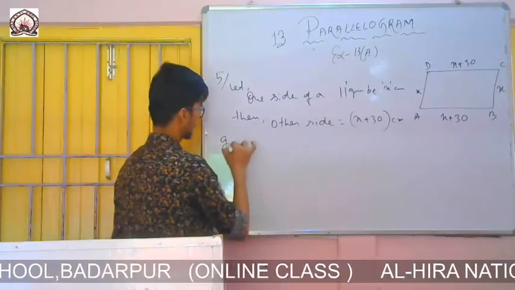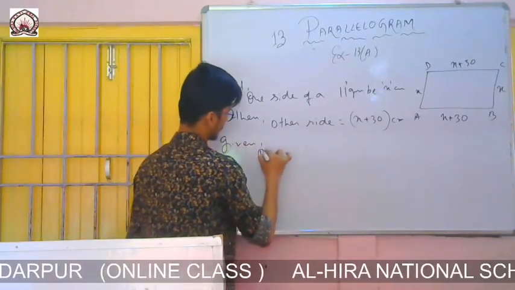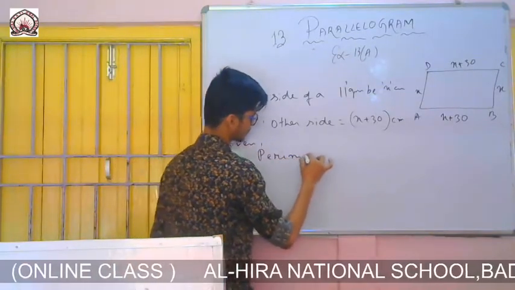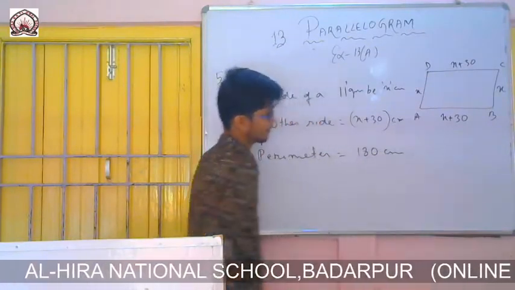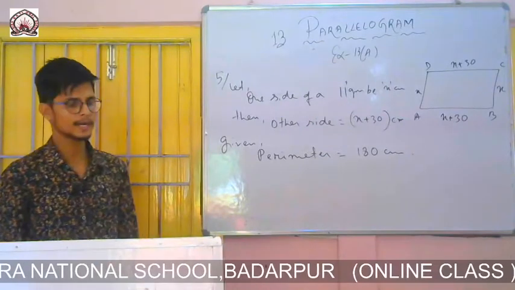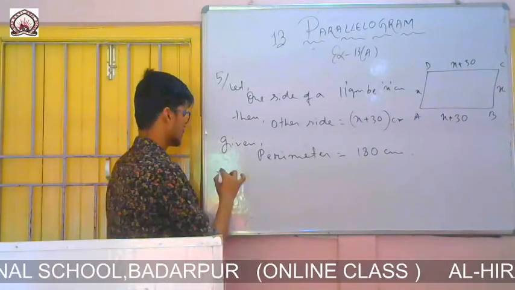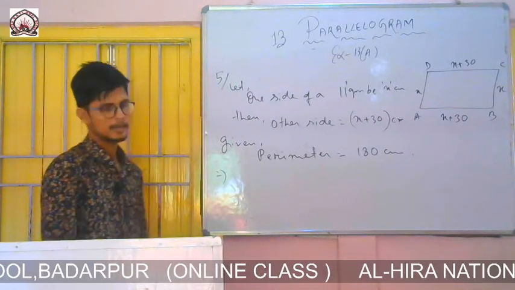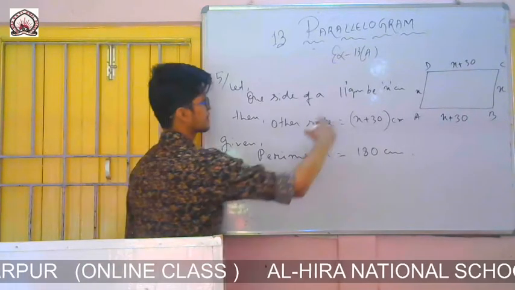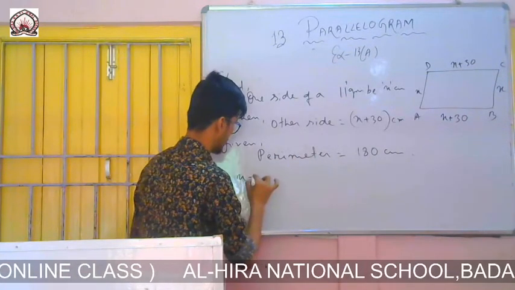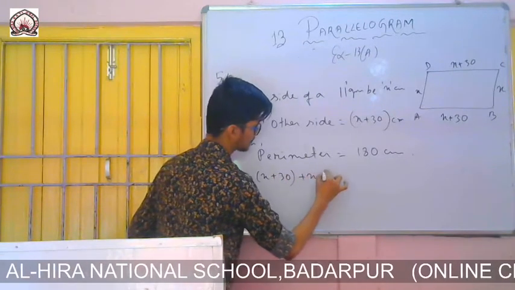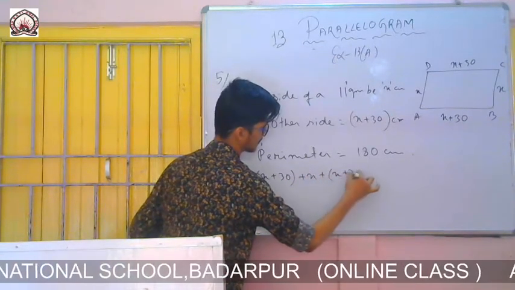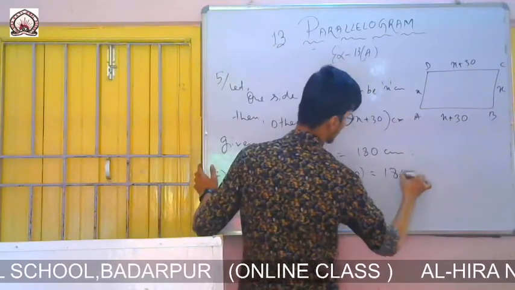And it is given that the perimeter equals 180 centimeters. We know the formula: simply add all the 4 sides, x plus 30, then again x plus 30, which equals 180.